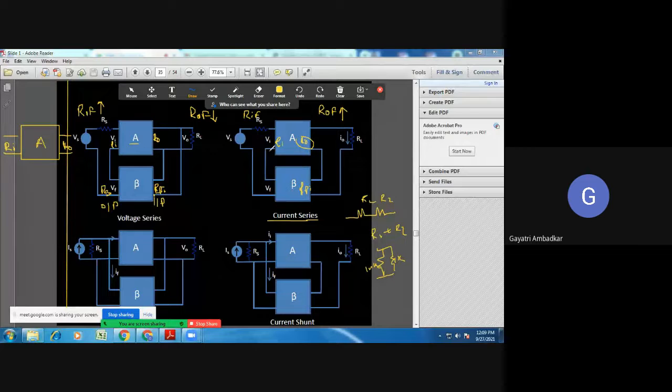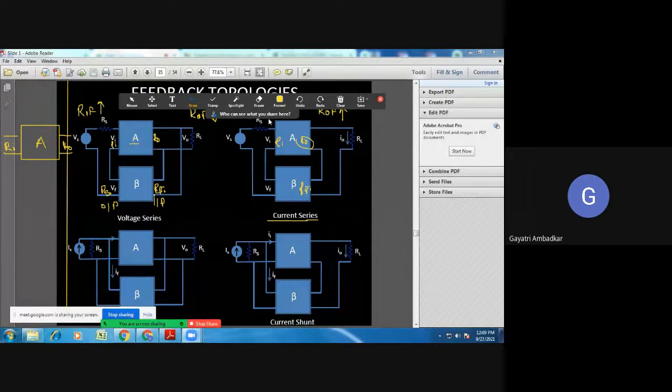And here what will happen to RIF? Yes, what will happen to RIF? It will also increase. Increase. Very good, because here input signal and feedback signal we are mixing in series.